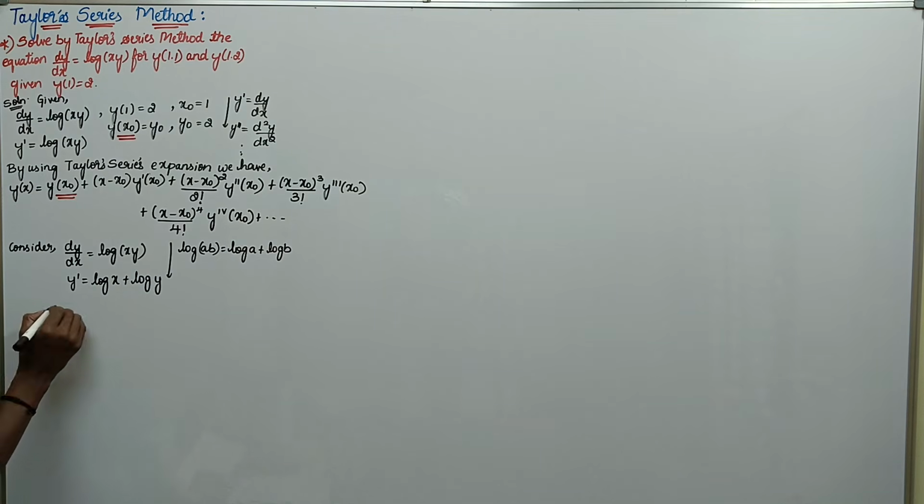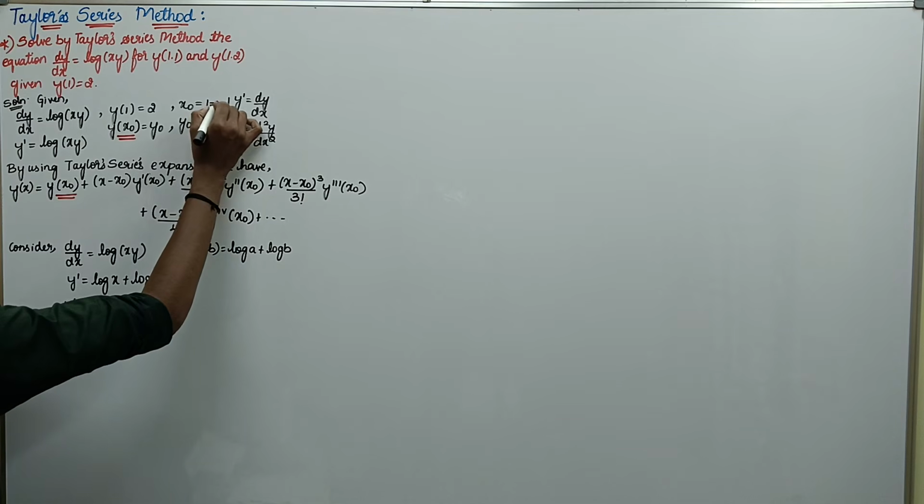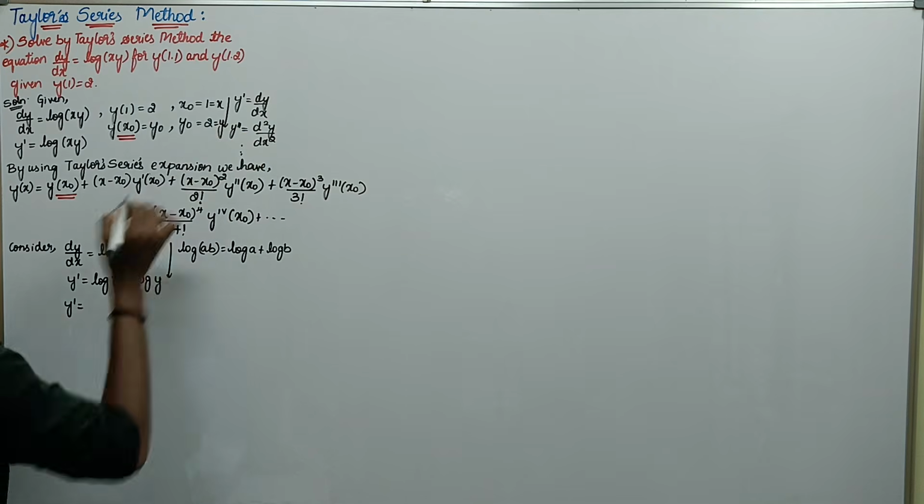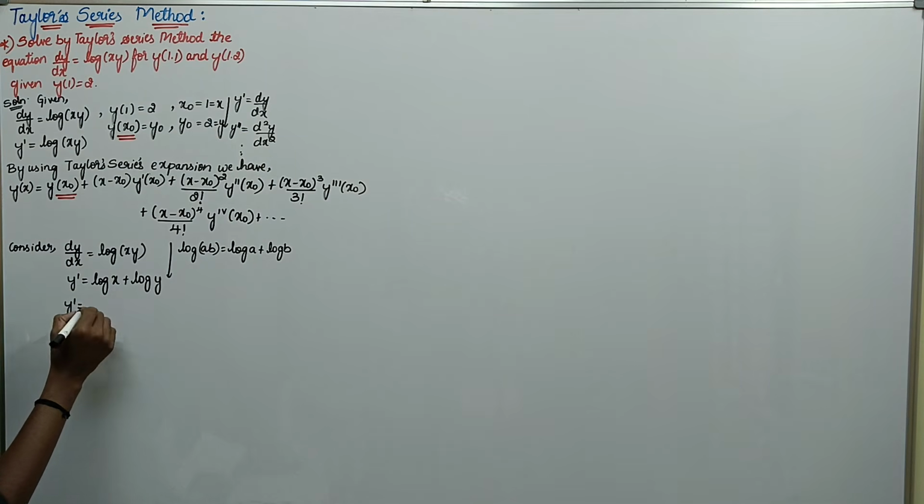Got the point? Now y dash, which is equal to, now I need to find the value of y dash. So in place of x and y, I need to substitute the values. Now to simplify x and y, I am going to consider this as x and this as y. Got the point?